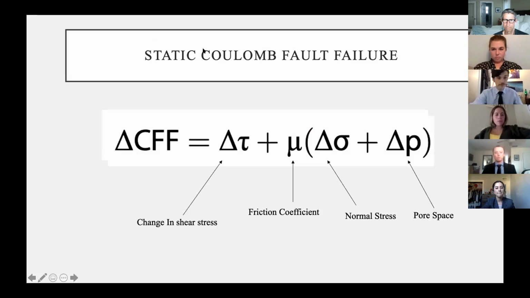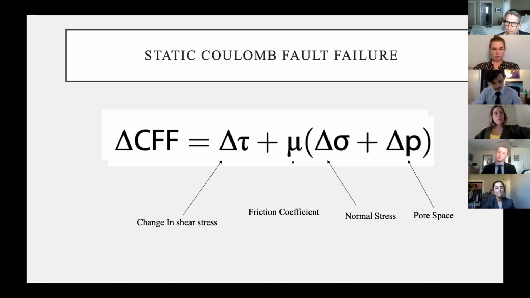If you're confused on what shear stress and normal stress are, shear stress is when 2 faults, if you can see me on the screen, drag against each other. And normal stress is stress put on something from all sides that's always there.